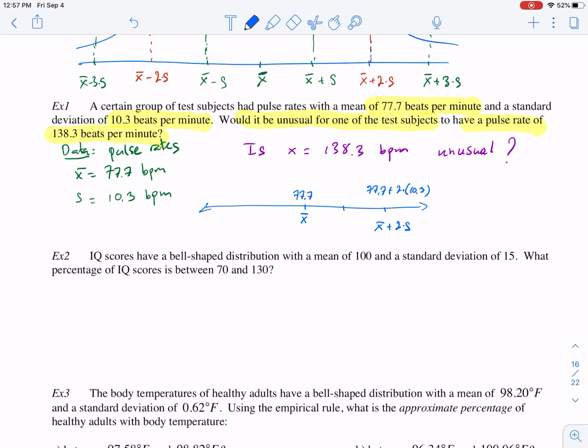Let's do the calculation real quick. So 77.7 plus 10.3 times 2, that is 98.3. That is the cutoff value for the 2 standard deviations. So the given pulse rate, X equal to 138.3, is somewhere in this region here, past the 2 standard deviations.